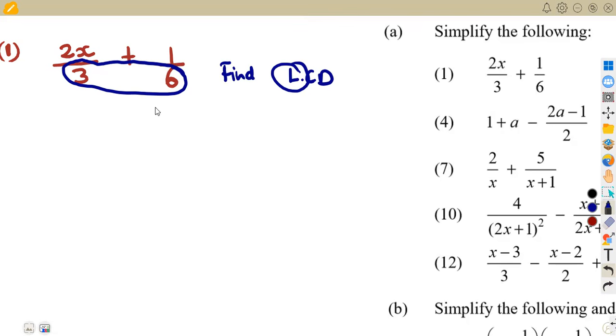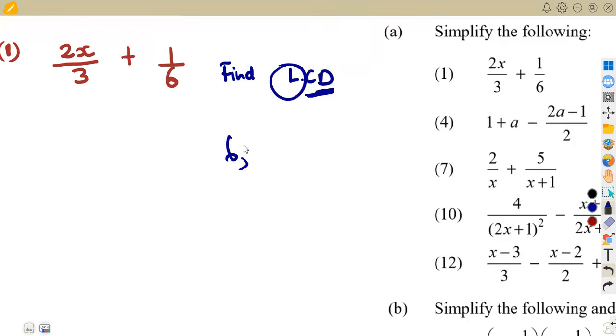There are so many numbers that can be the common denominator, not the lowest, just a common denominator. We can use 6, we can use 12, we can use 18, as long as these numbers are multiples of the two digits that you're given. But of all these numbers, we need the lowest or the smallest. So the smallest one is 6.